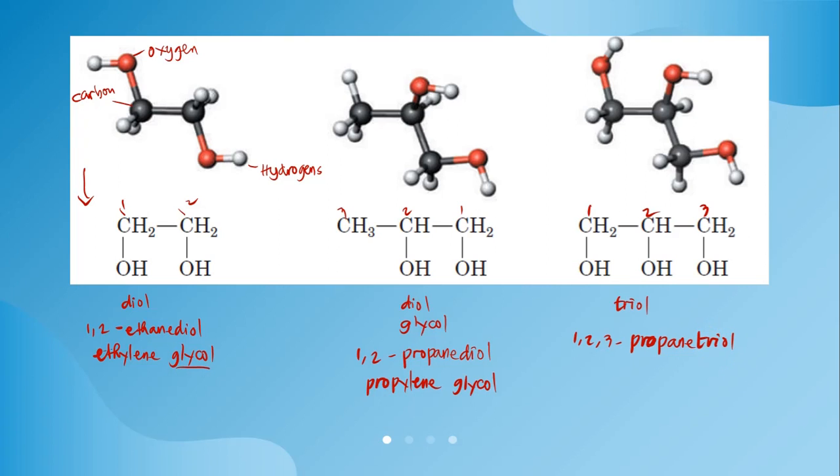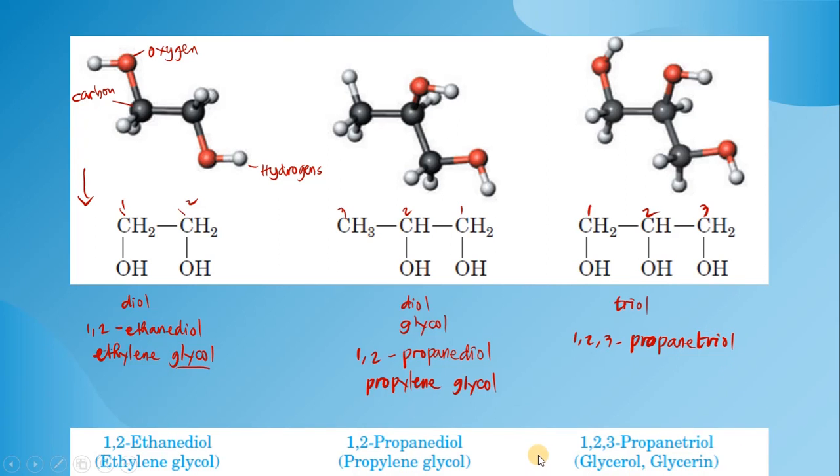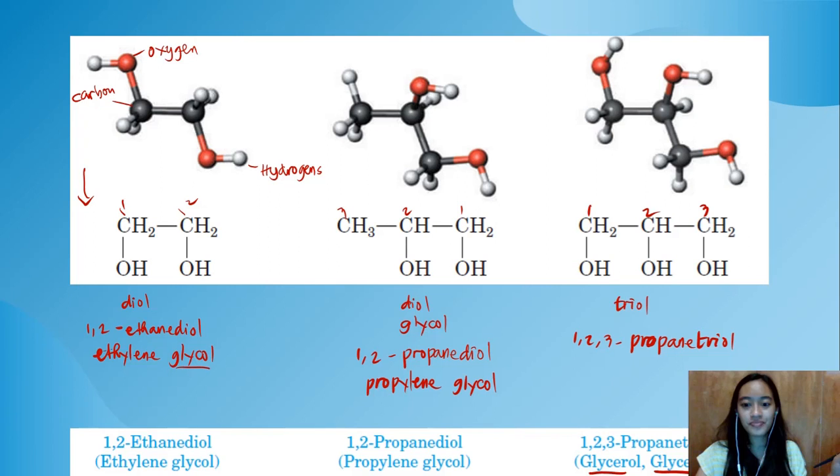Propane triol. Let's check. These are the answers actually, so we got it right. 1, 2, 3 propane triol. The common name is glycerol or glycerine. Some common structures or molecules in fats.